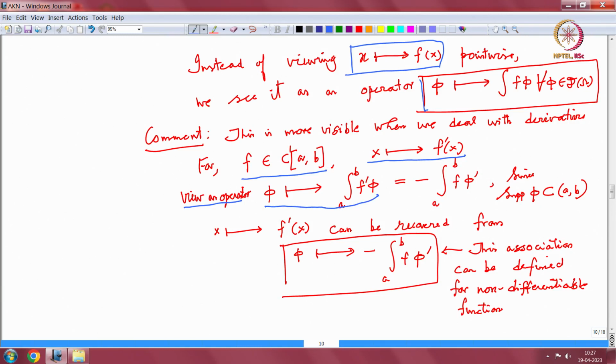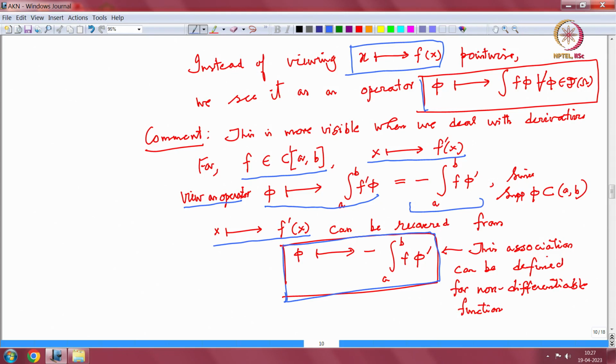Since phi has compact support and phi is also smooth, do an integration by parts, and then the boundary terms do not come. So, the pointwise association x going to f prime of x can be recovered from this. This association can be defined even for a non-differentiable function.